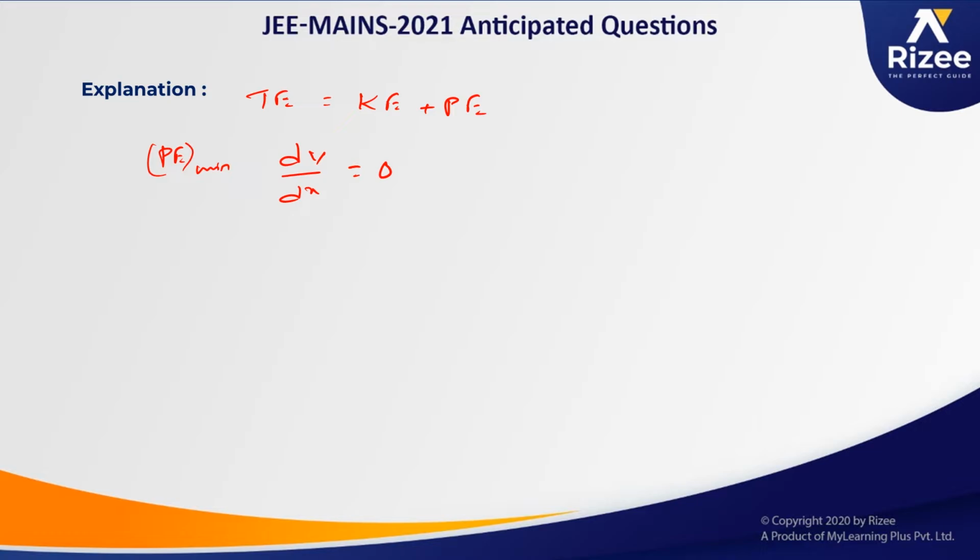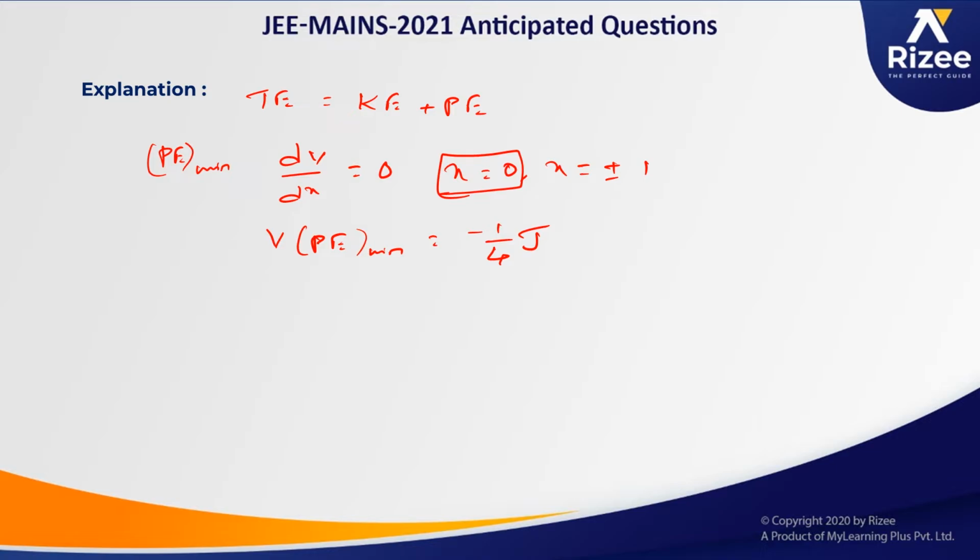You get x values of 0 or x is equal to plus or minus 1. The 0 cannot be possible, so going for plus or minus 1 and substituting in V, the potential energy, the minimum value comes out to be minus 1 by 4 joules.